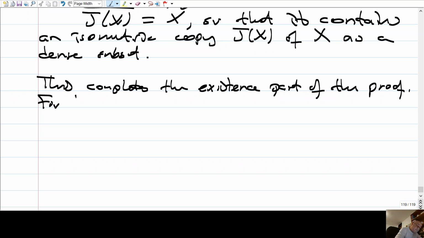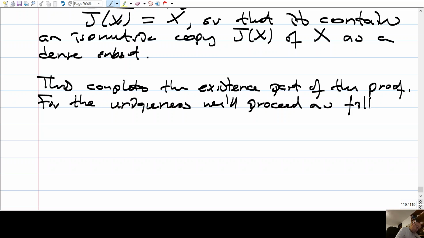For the uniqueness, we will proceed as follows. I'll just start with two completions and then show that these two completions are the same up to isometry. In other words, I will find an isometry between them.